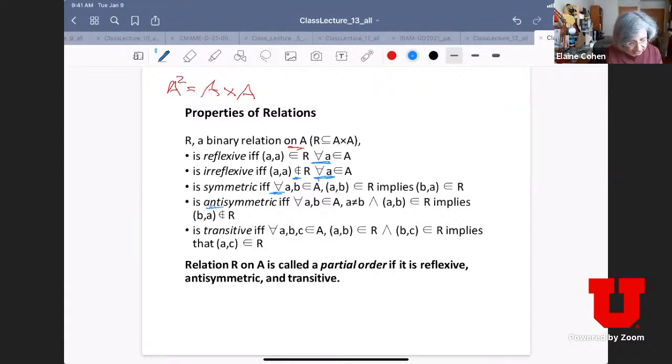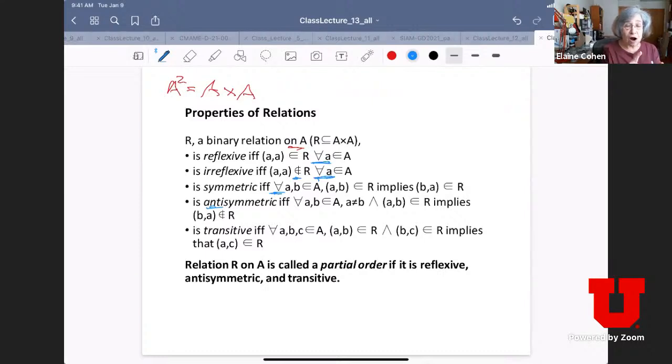Antisymmetric says for all A, B, if A is not equal to B, and AB is in the relation, then BA is not in the relation. Okay? So once again, if I have two arbitrary elements, they may not be related at all.